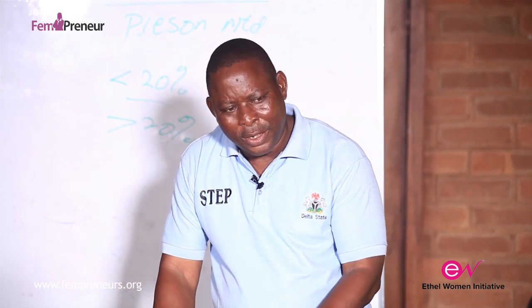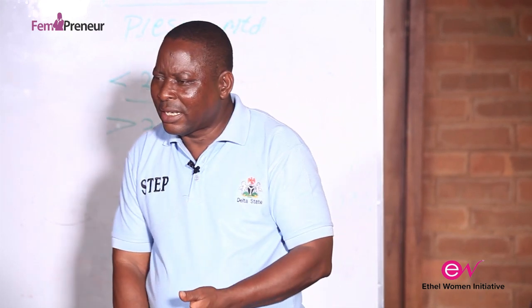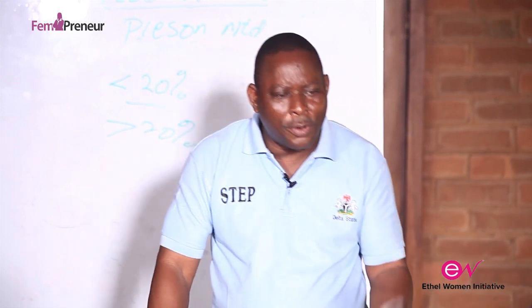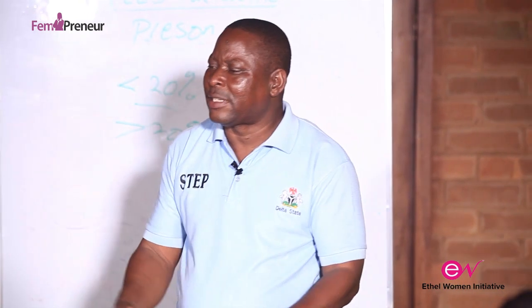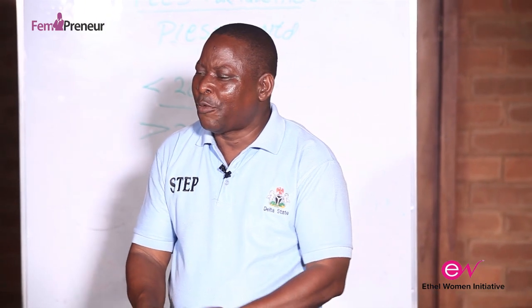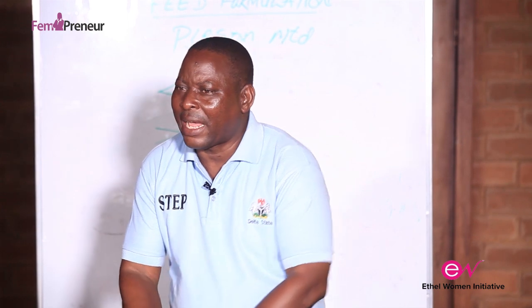When I say economically okay, is the price of the raw material very expensive in the market? Is it difficult for us to get? Is it readily available? These are some of the things you look at. If these ones fall into your requirement, you buy that raw material.